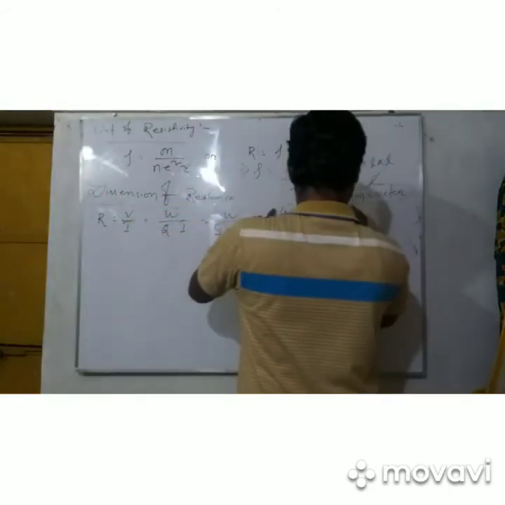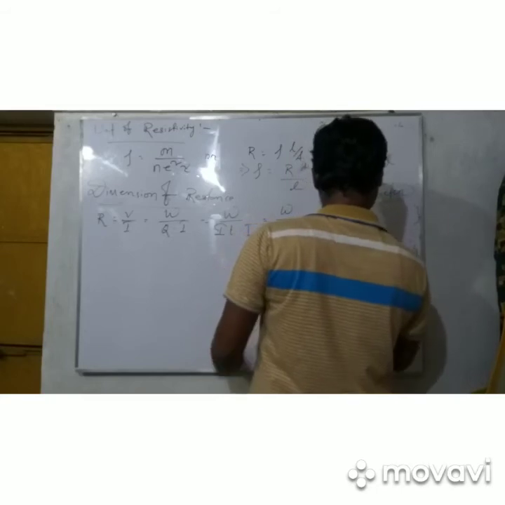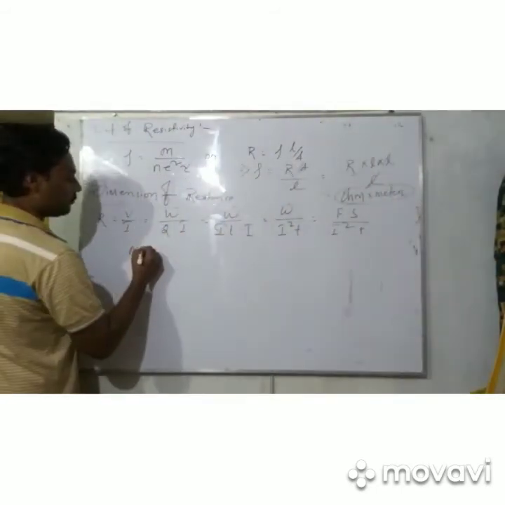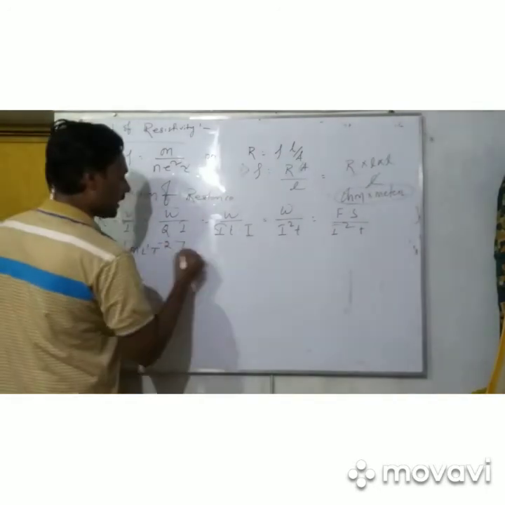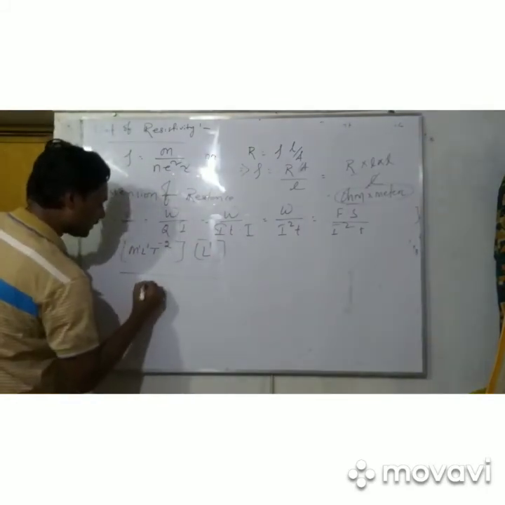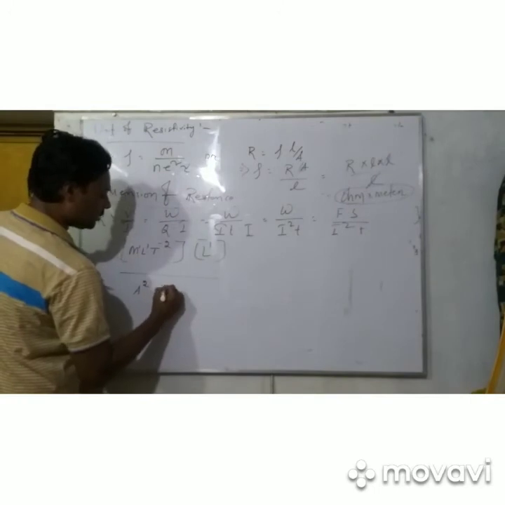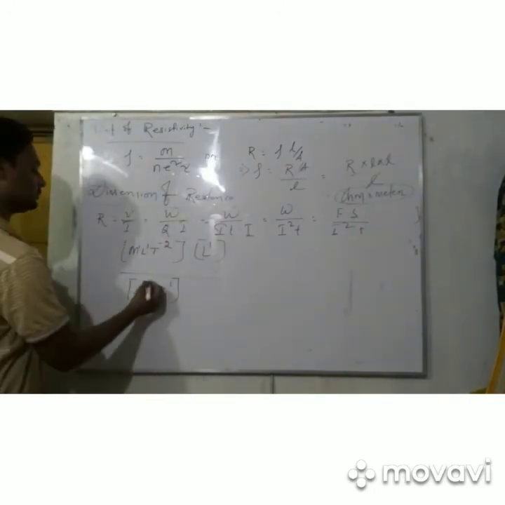W means F times S, divided by I² T. F has dimension M¹ L¹ T⁻². S means L¹. I² means A². T means T¹.